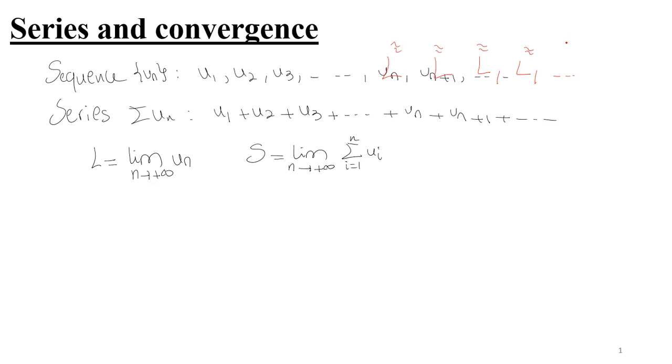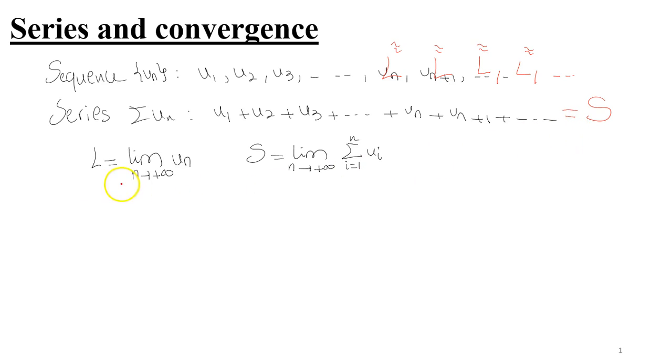However, the limit of the series is the value of the sum of the infinite number of terms in the series. So the limit of the sequence is the value to which the terms converge, while the sum of the terms would be the limit of the series.